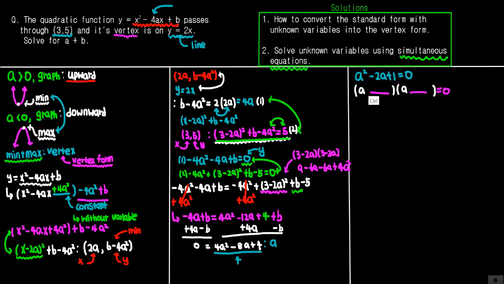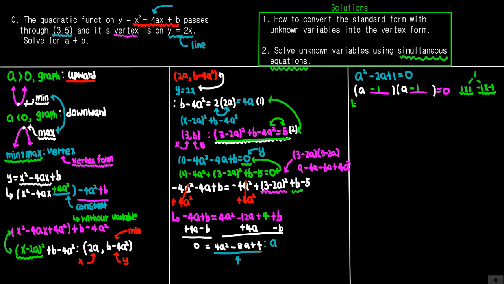If you add them, we're going to get negative 2. So we can think about this through the factors of 1, which are 1 times 1 and negative 1 times negative 1. If you add 1 and 1, we just get 2. If you add negative 1 and negative 1, we get negative 2. So we can write a minus 1 and a minus 1.